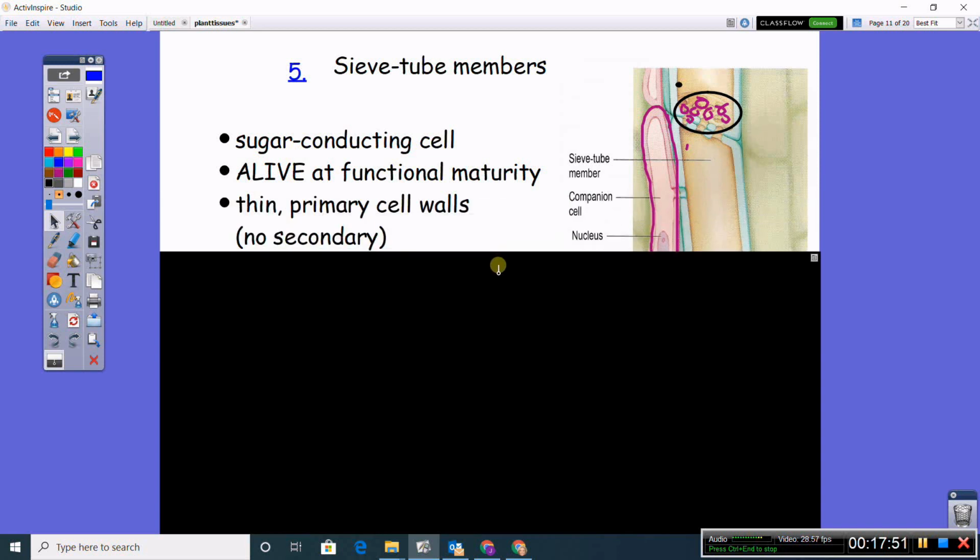These have thin primary cell walls. They're not going to have secondary. Remember, if it's more rigid in structure and has a secondary cell wall, it probably has lignin, and if it has lignin, it probably means it's dead at maturity. So these do not have a secondary cell wall. They are not dead at maturity. They are alive.